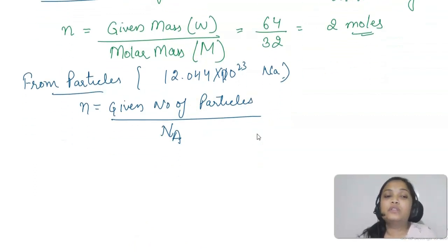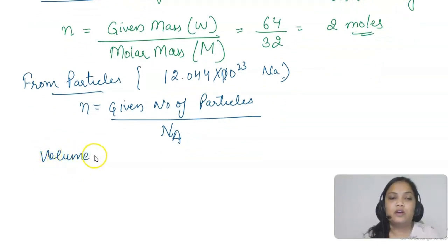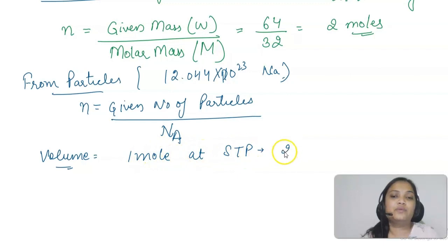Now one more thing I want to tell you about the volume. For gases, 1 mole of any gas at STP occupies 22.4 liters of volume. In some places, you will find 22.7 also. Why?